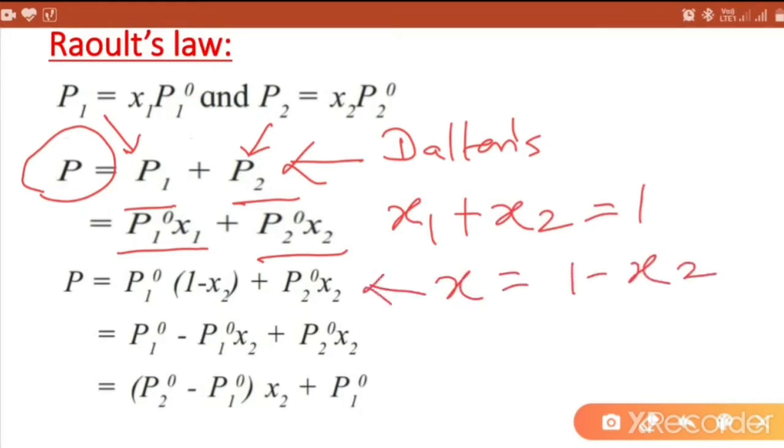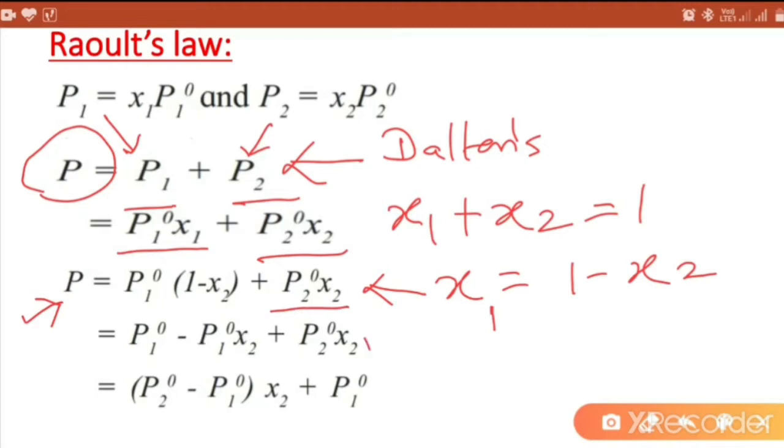By putting this value of x1 in this equation, we get P is equal to P10 in bracket 1 minus x2 bracket complete plus P20x2.